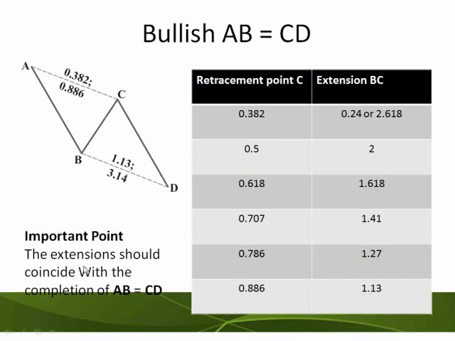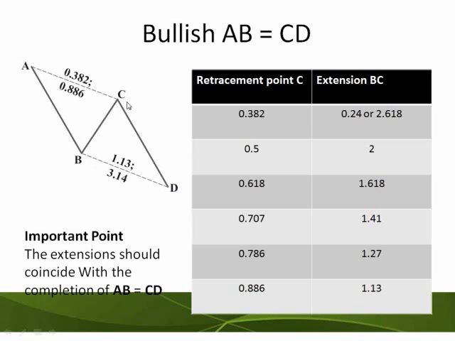Important point, bottom left-hand corner. The extension should coincide with the completion of AB, which is the top left-hand A to B, equals the point C to point D. Let's explain this picture a little bit. We've got a price move from A to point B. We then have a retracement.